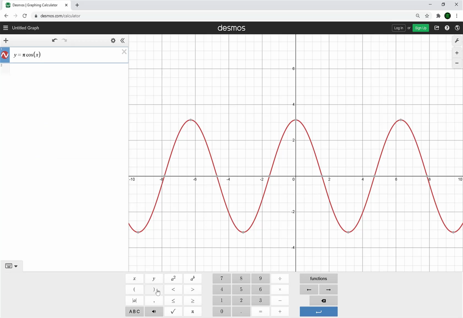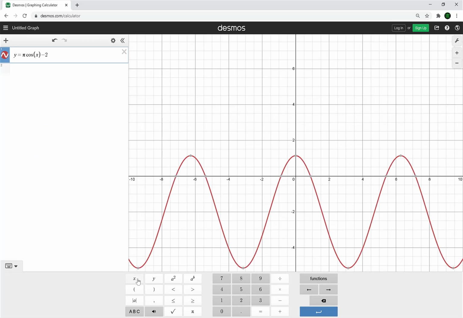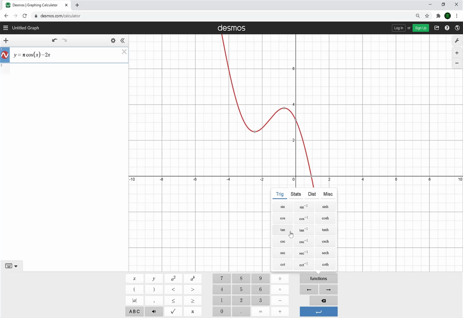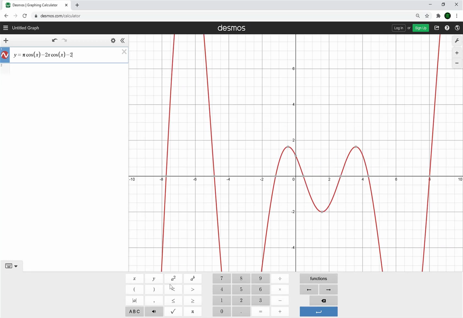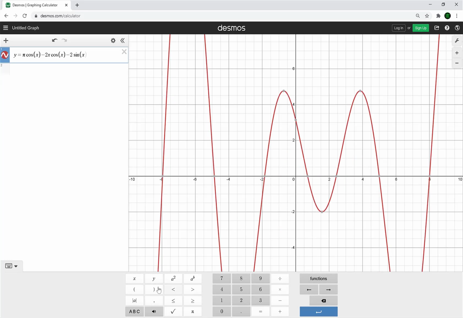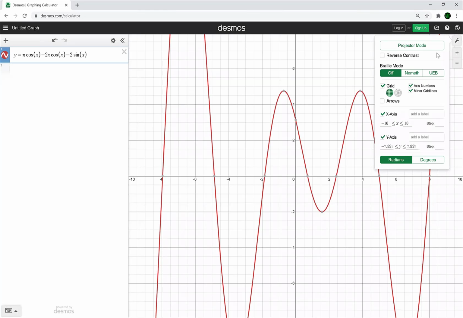What else did I have? 2x cosine x. And then that's it.